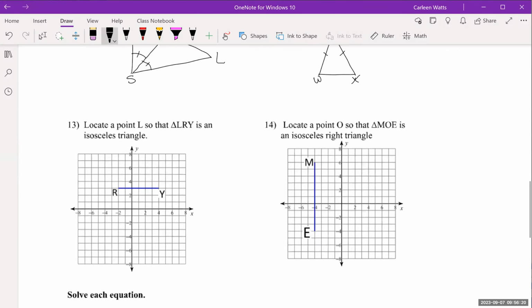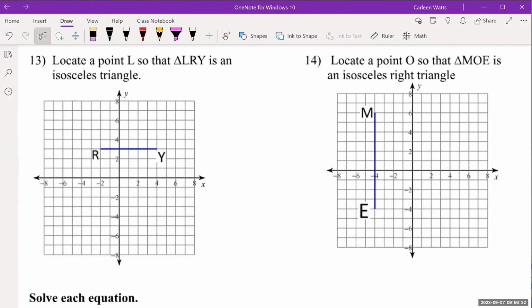So that's it. Okay, 13. Locate a point L so that LRY is an isosceles triangle. Now, it does not say if RY is the base or a leg. So where are we going to put L? There's a lot of things we can do.